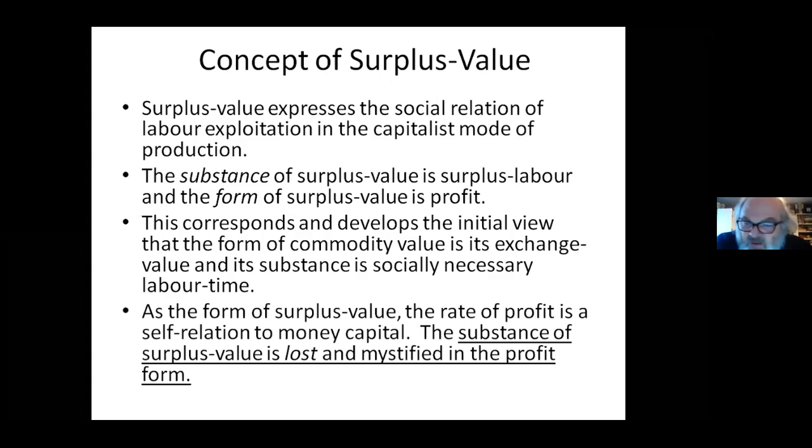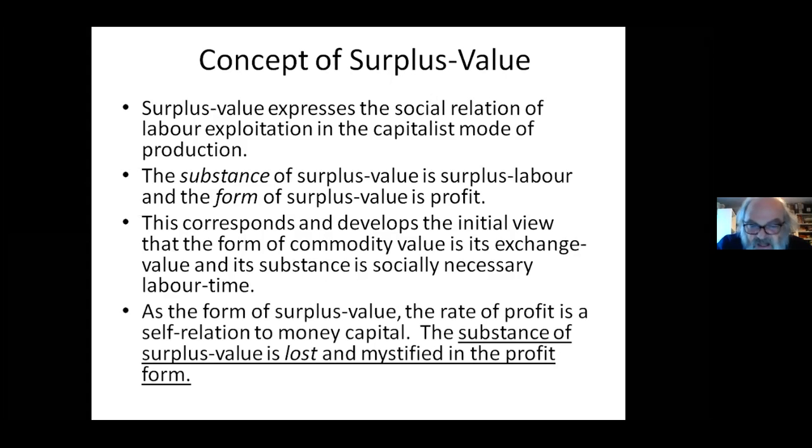The contradiction between the commodities being a product of labor and a product of capital works through in the question of the rate of profit. The rate of profit can appear as nothing to do with surplus value at all, because all it is is a relationship of money capital to itself.